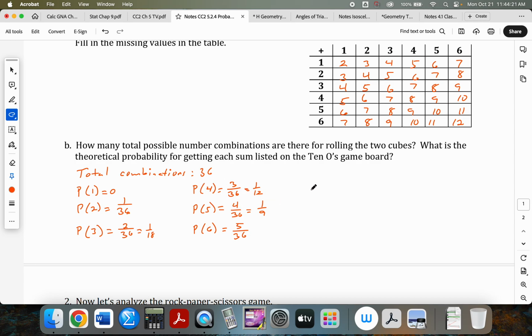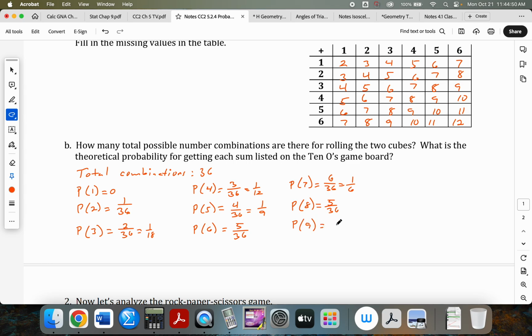other previous ones. What's the probability of getting a 7? 6 over 36. 1 out of 6 chance. That's actually your best chance, because when we get to 8, what happens? Starts going back down. It's 5 out of 36.